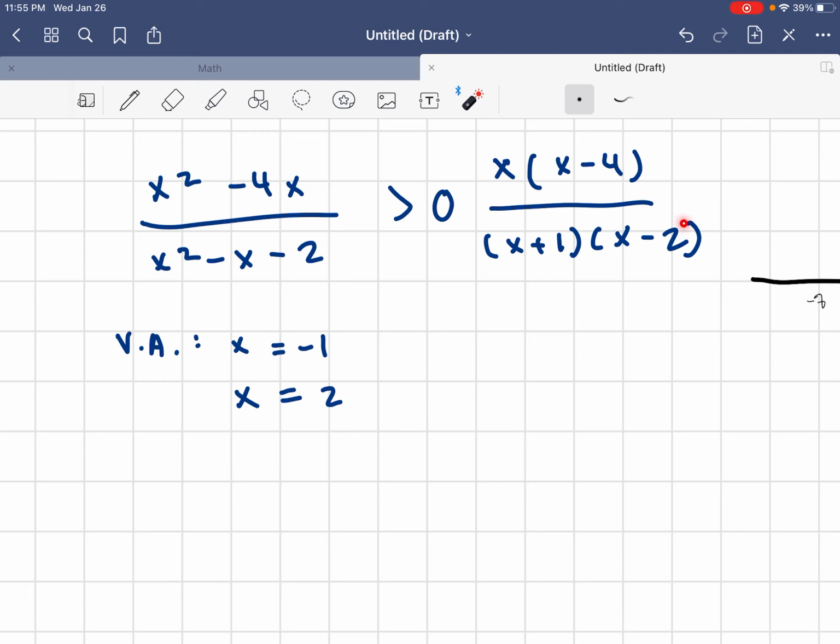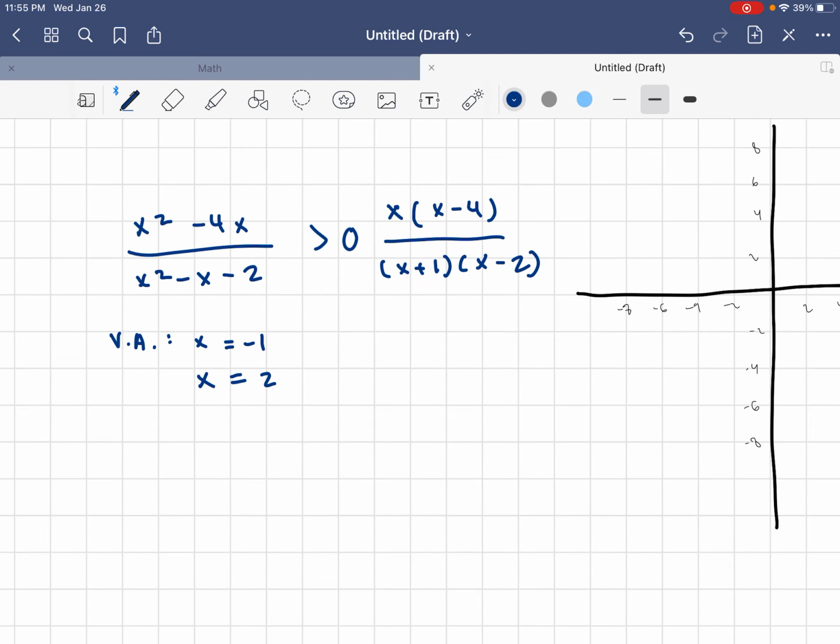And x minus 2, what does x need to be to make it 0? X needs to be 2. So yeah, another reason why factoring it out like this, especially the denominator, can help make that faster.